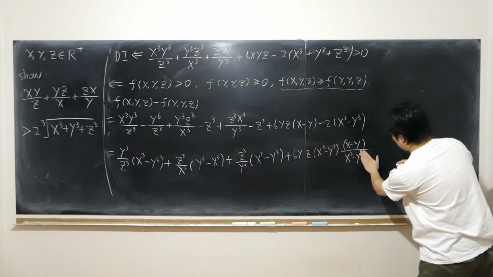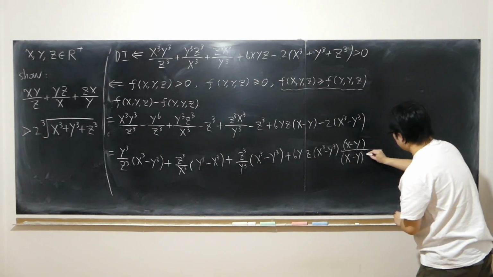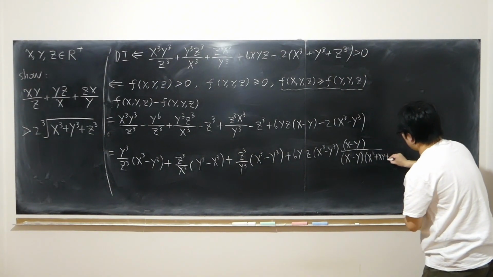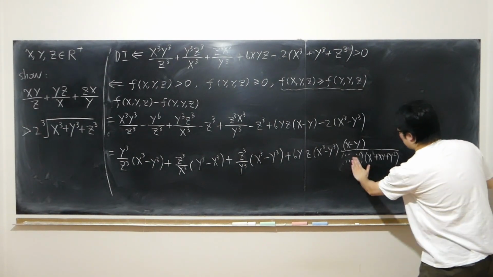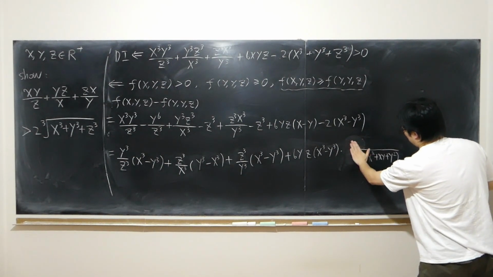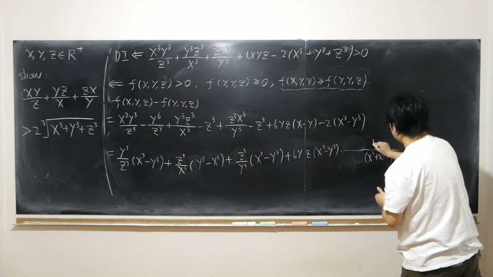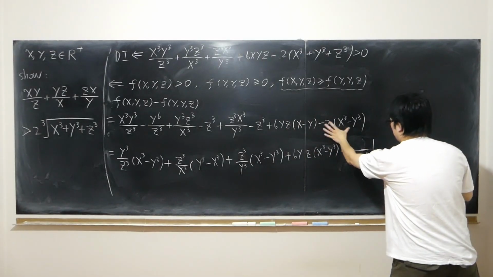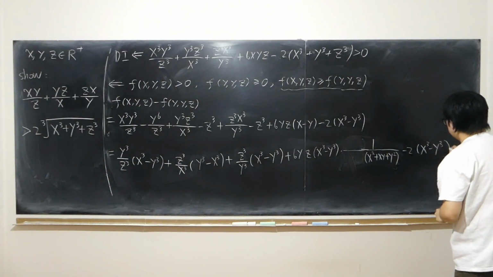It equals x minus y times x squared plus xy plus y squared. That's according to the formula. So x minus y is gone. We have this for this term, and copy down this term, minus 2 times x cubed minus y cubed.